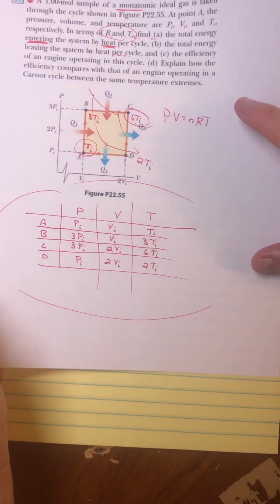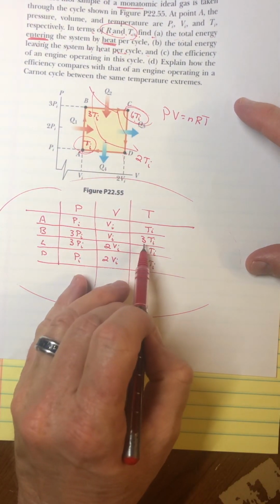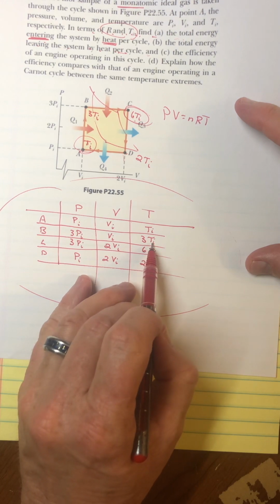And coming back to this page, we would have then a final of 3T initial over T initial, so that's a ratio of 3. And I guess we can write this a couple ways. We can write this as 1.5 R times natural log of 3.